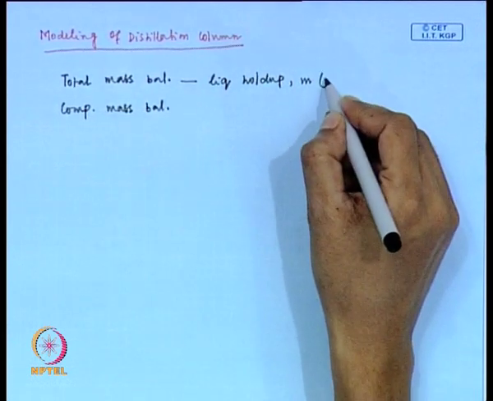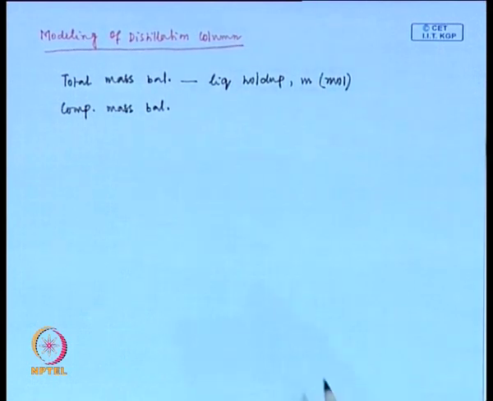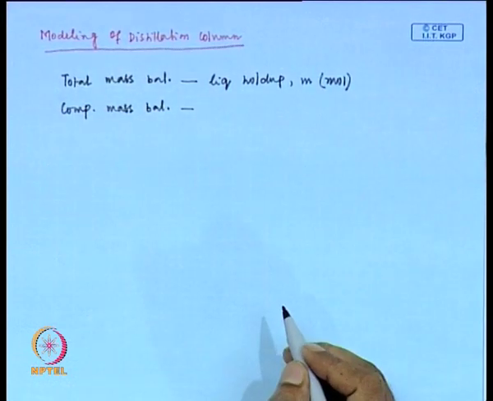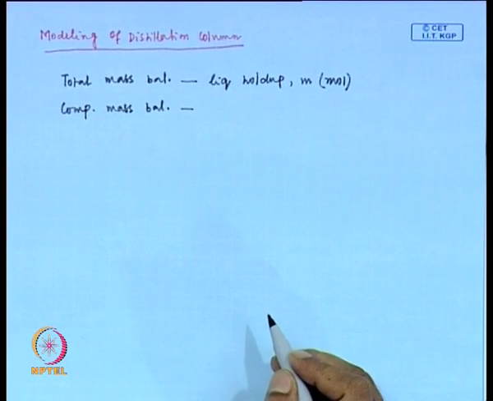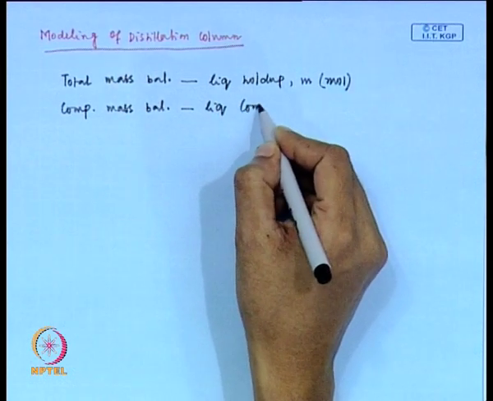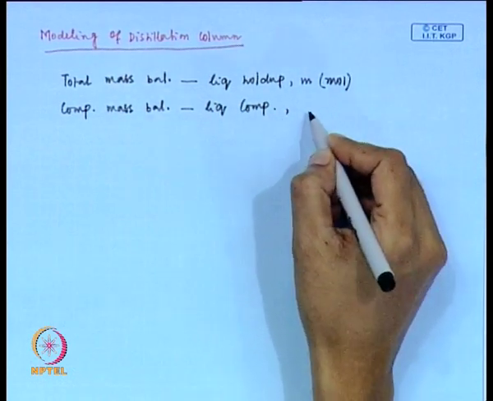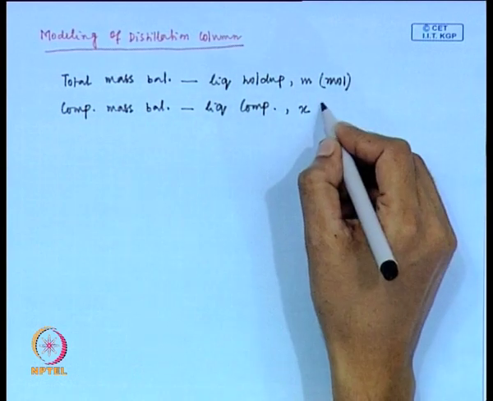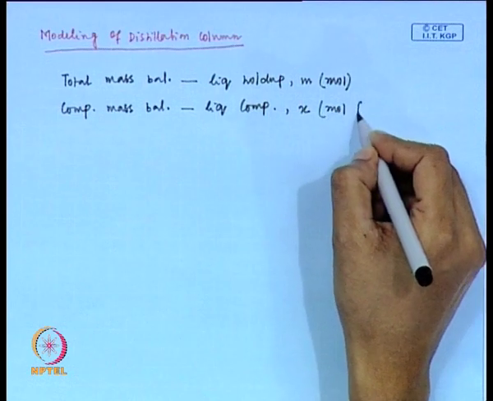Unit is suppose mole, and component mass balance equation we can use to calculate liquid composition, which we have represented by x, and x is the mole fraction.